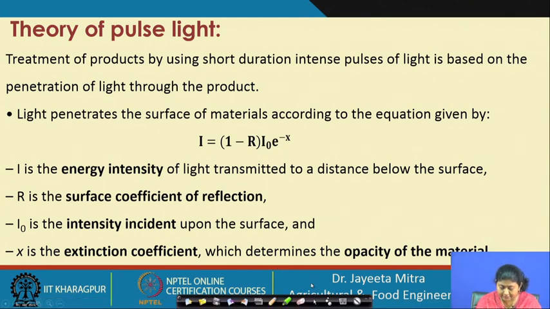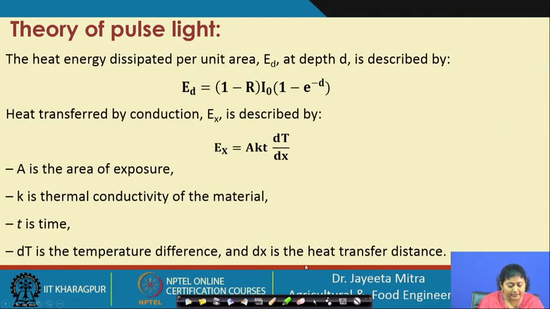The next is the heat energy dissipated per unit area, E d, that is equal to (1 minus R) into I 0, the intensity of incident light, into (1 minus e to the power minus d). So, the energy dissipated per unit area E d, or the energy absorbed at a depth d, is described by E d equals (1 minus R) I 0 (1 minus e to the power minus d).